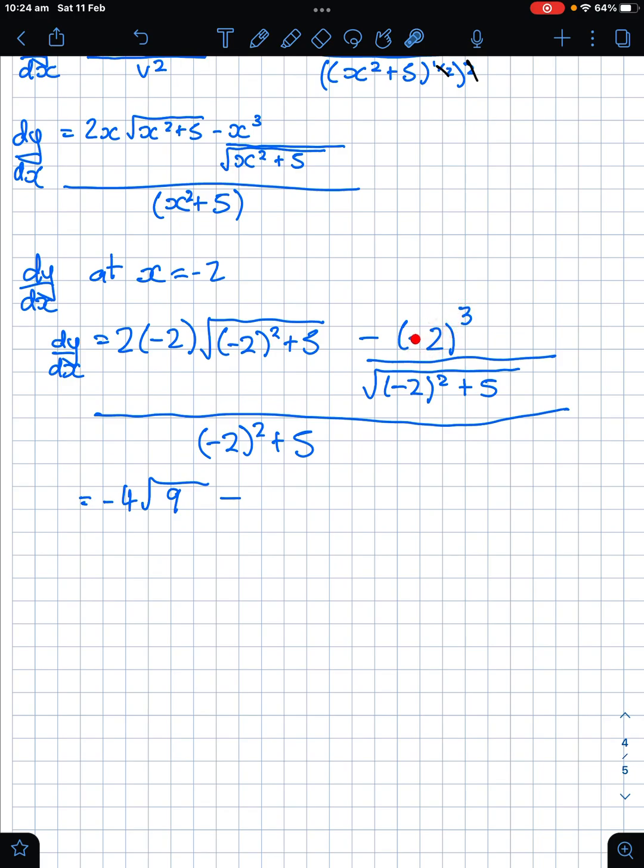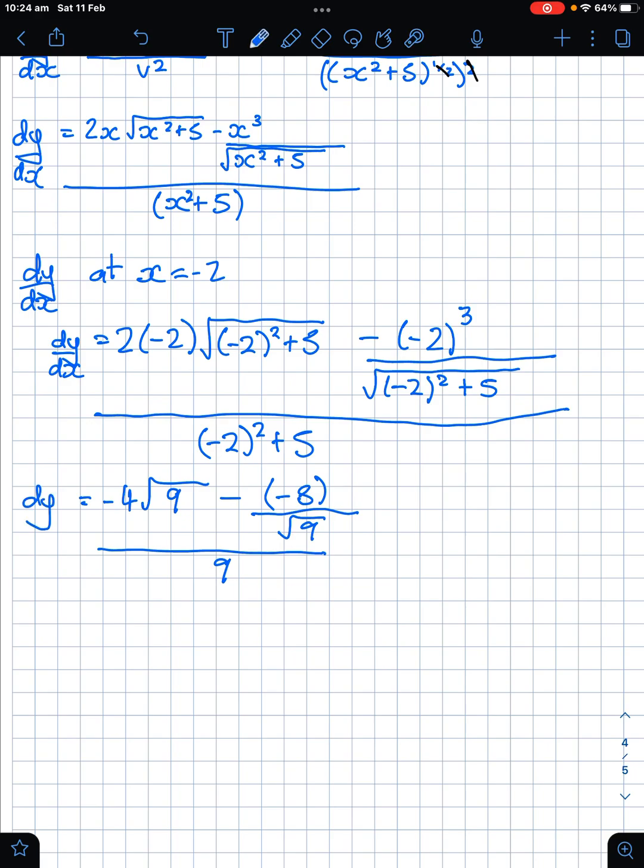But remember, 2 times 2 is negative, negative gives us positive, and then we times it by another negative, so because it's an odd power, it's going to be negative 8. This is over the same square root we worked out previously, square root 9, and this is all over 9, because negative 2 squared is 4 plus 5.